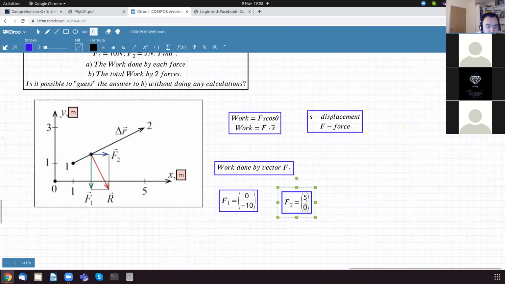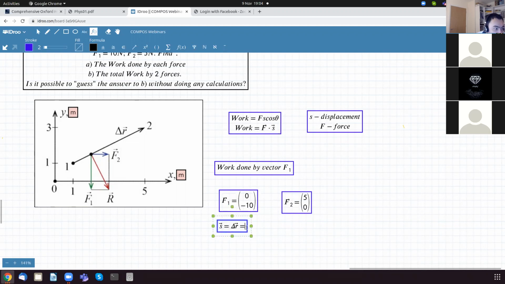So F2 and the displacement vector is the same as this vector delta r. Delta r is the change in the position vector.